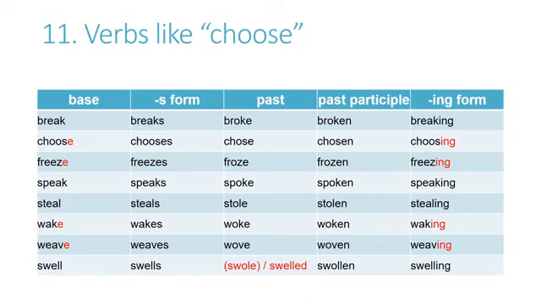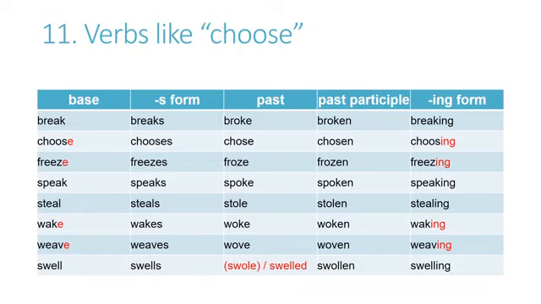Now there's another interesting thing about some of these words, and that is what we call the silent E. If you look at the base form of choose, there is an E at the end of the word. However, this E does not have a sound of its own.